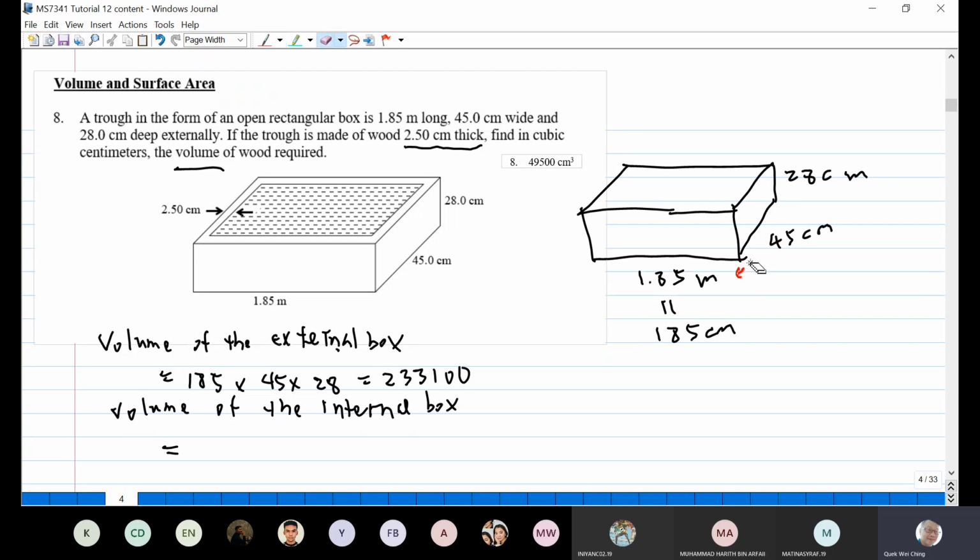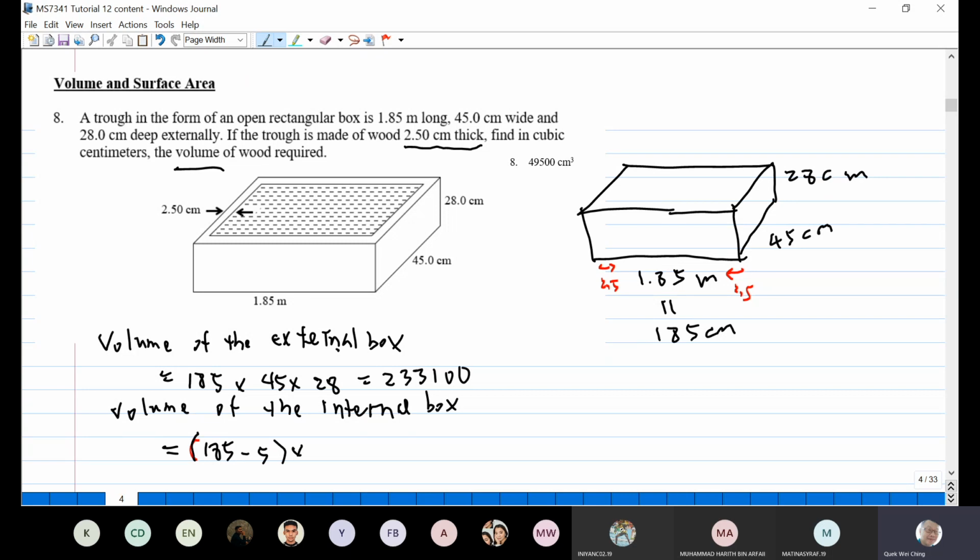On this side 2.5 cm, also 2.5 cm on the other, so altogether it is 5 cm, right? So you take 185 minus 5 cm, since 2.5 times 2 is 5.